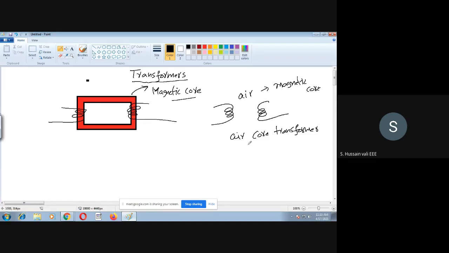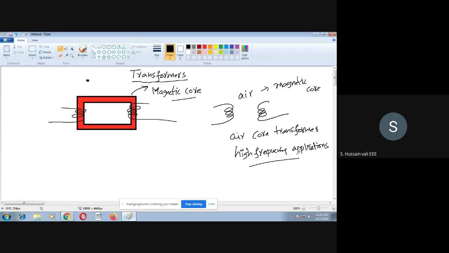We generally use the air core transformers for high frequency applications. Whenever you need a transformer in applications of high frequency, such as audio frequency applications, or some kilohertz, gigahertz, these are high frequency applications.